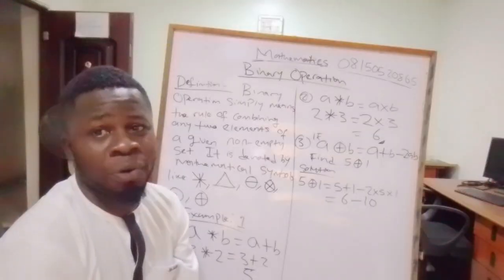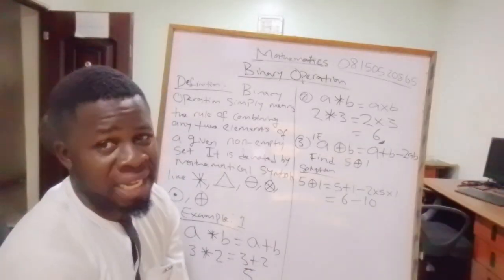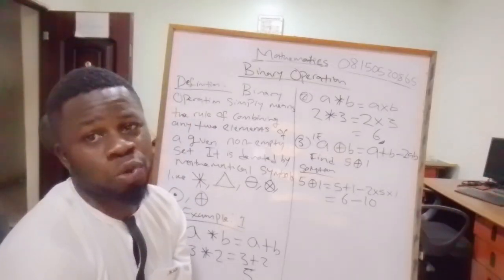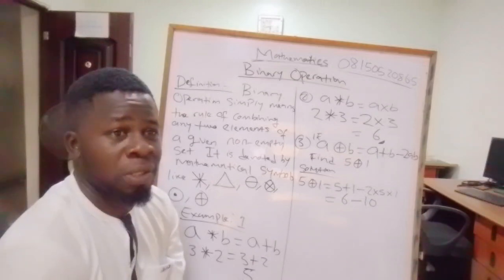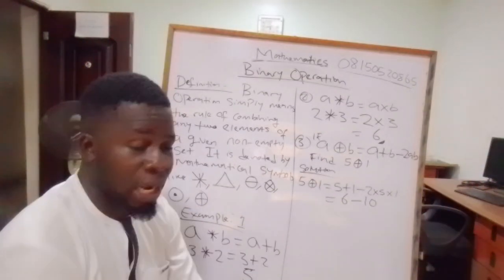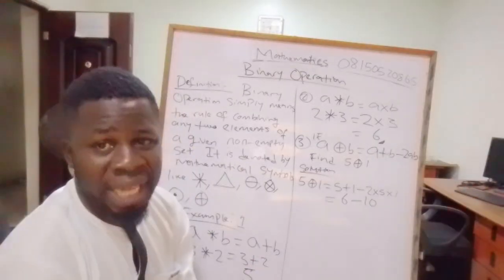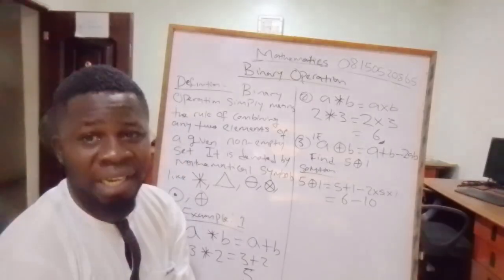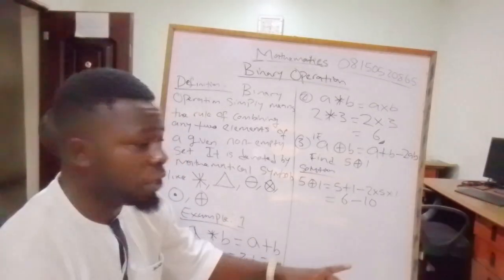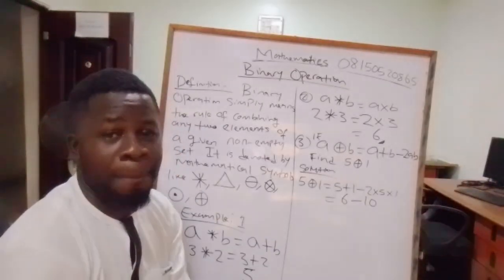For those of you that don't know much about mathematics, you say this is not possible. How can you subtract 10 from 6? But it's possible. The way I teach my own learners is that you see it as the amount you have on ground, and this minus is borrow. The person wants to borrow 10 naira from you. You have 6 naira. Or let's say you are abroad and you're watching this video, you have 6 pounds, and a friend of yours needs 10 pounds.